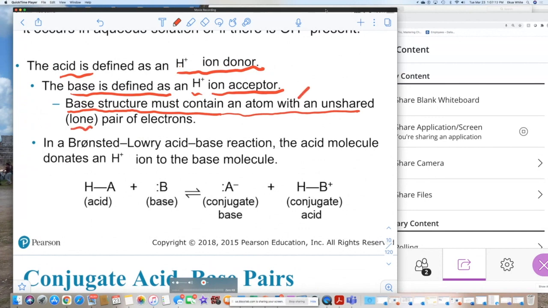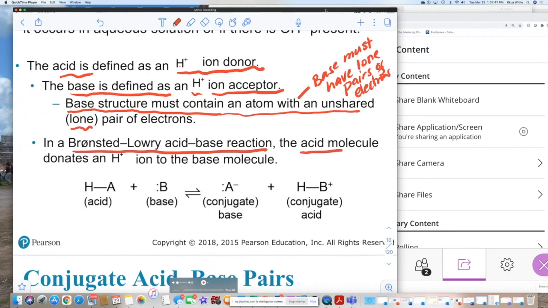So they're saying here base must have lone pairs of electrons because it uses the lone pairs of electrons to attach to the hydrogen ion, right? And so that is important. Whatever is going to take in the hydrogen ion has to have that point of attachment, okay, to take in the hydrogen ion. So here's an example of a Bronsted-Lowry acid-base reaction.